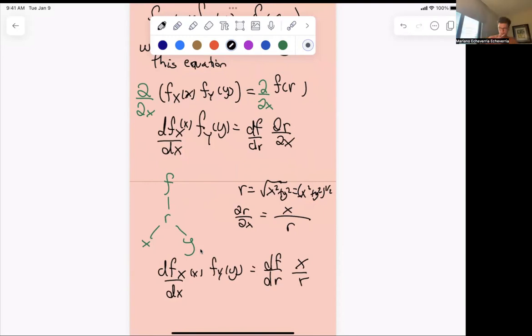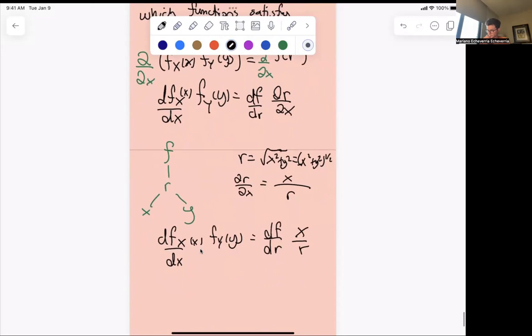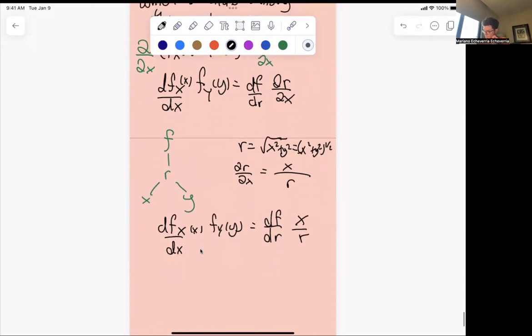Okay. And then let's see. So you can rearrange this to say that 1 over x times f sub x, the derivative of f with respect to x, is df dr times 1 over r.